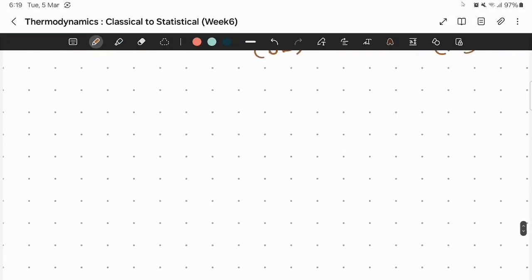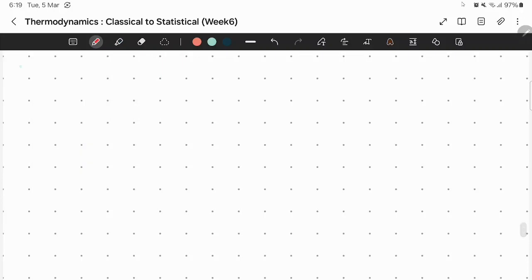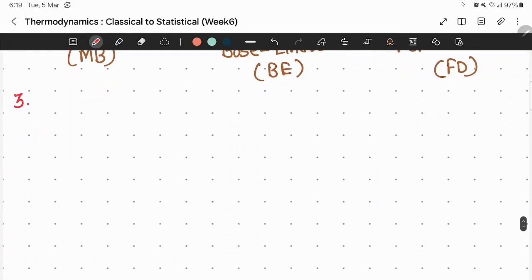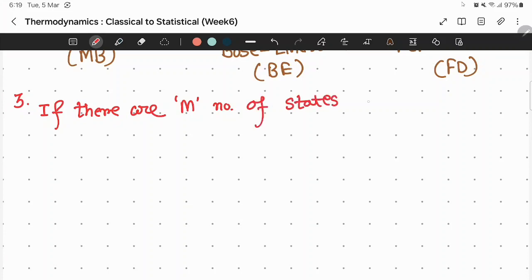Now the third question. Let's say there are n number of states and n number of MB particles.